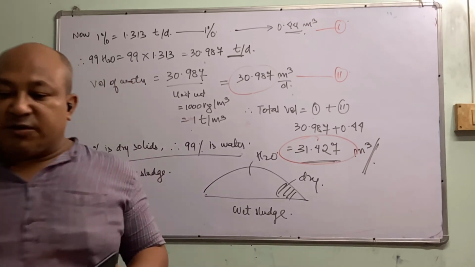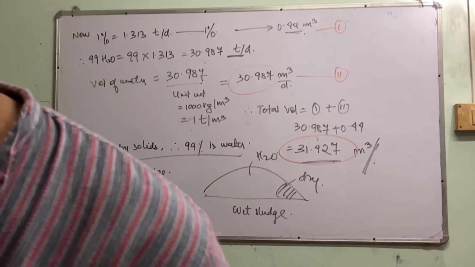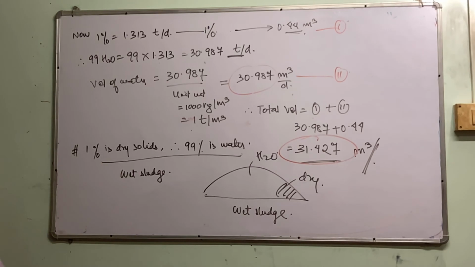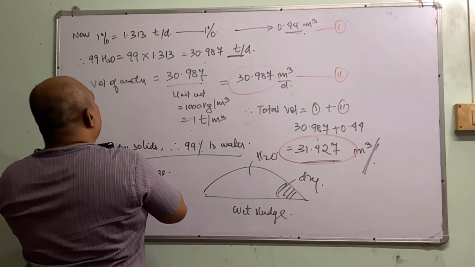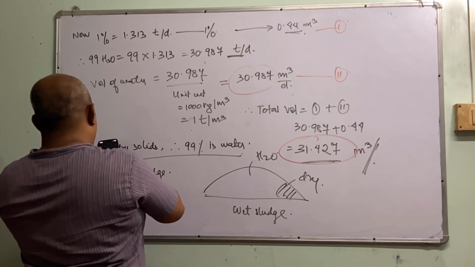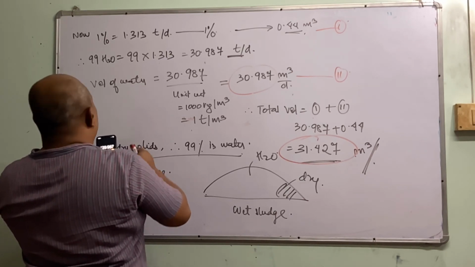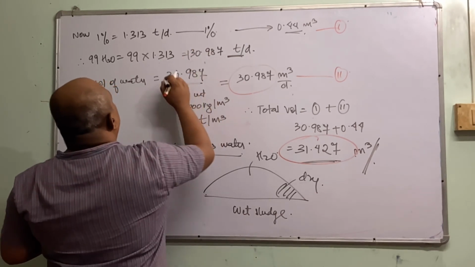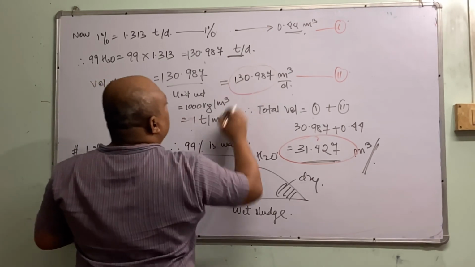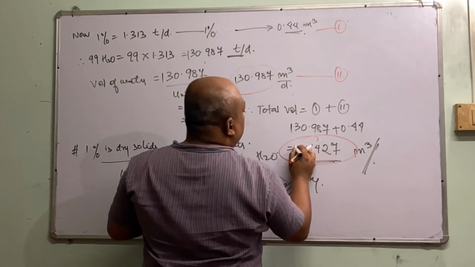So the total sludge volume that is going to be produced is equal to the volume of the water, 99 into 1.313, which is 130.